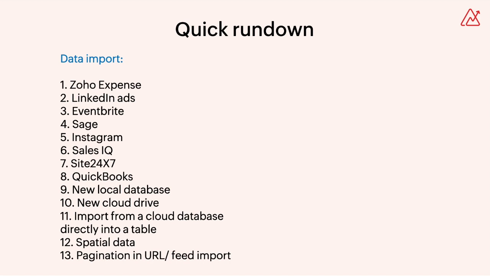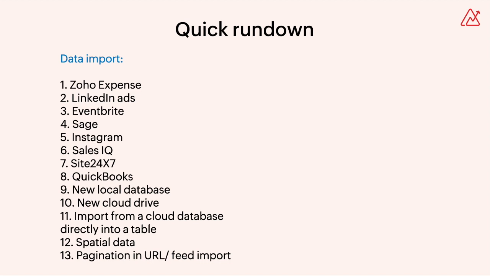That's the customer type. You can now get your data from local databases like SAP HANA, Microsoft Access, Hive, and a lot more. You can now access and get your data from cloud drives like Google Team Drives, Amazon S3, and Zoho Work Drive.